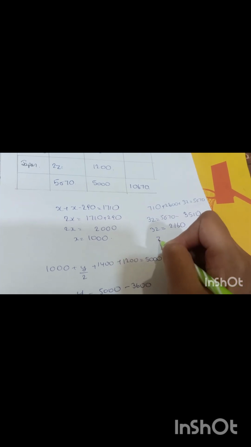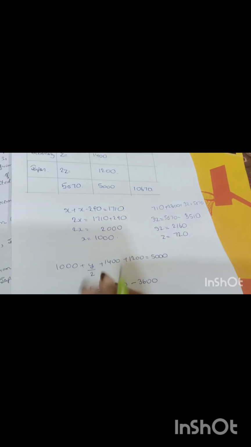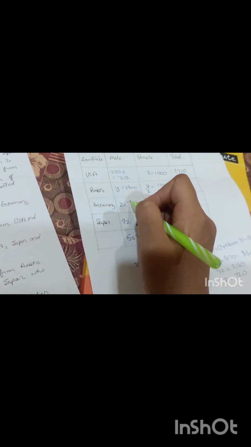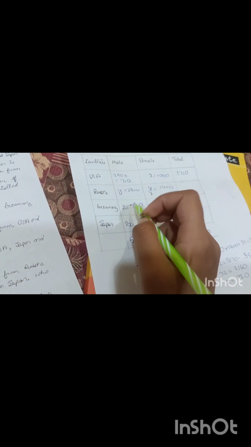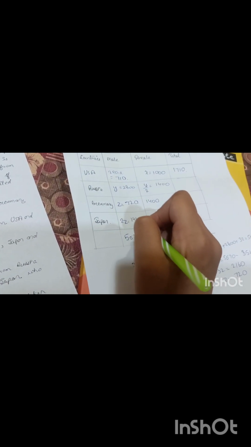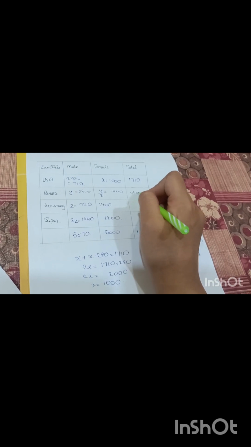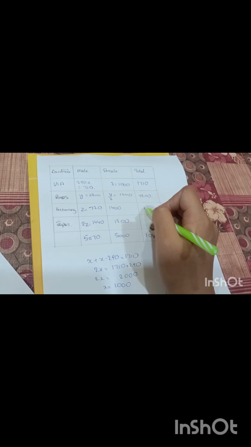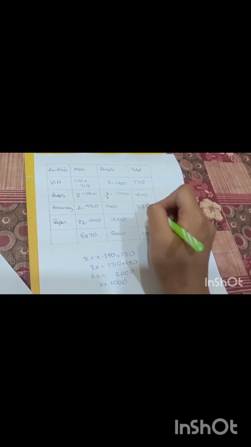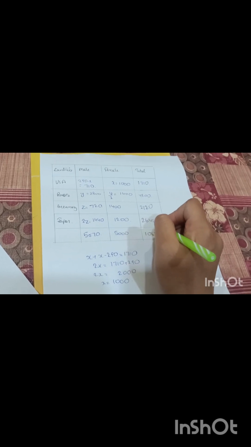Then the value of z will be 720. So it will become 720, and over here it will become 1440. Now do the total of this. You'll get 4200, and of this you'll get 2120, and this 2640. So the table is like this.